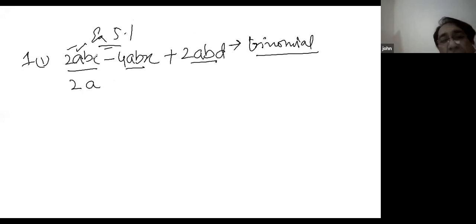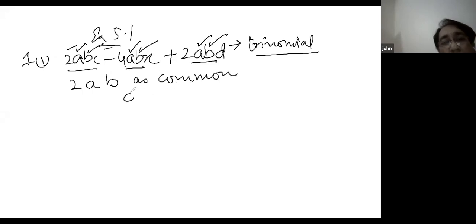Similarly, a we have in all three, so we can take a as well. b we have here, here, and here. So we can take 2ab as common. In the second step, 2ab we have common.